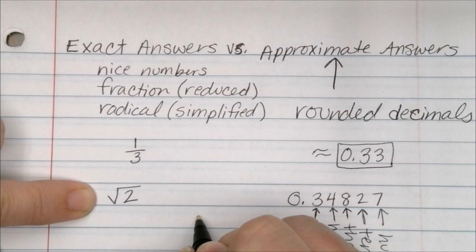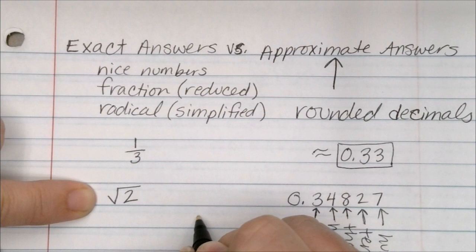Just like if I got an answer like this, that's not a simplified answer. What would it be if it was simplified? We never leave it like that. We always simplify. I'm going to explain this a couple of different ways, and I'm hoping it's going to help.